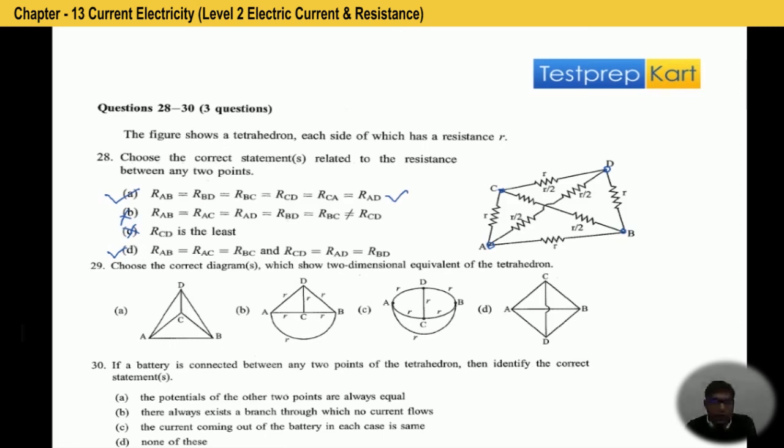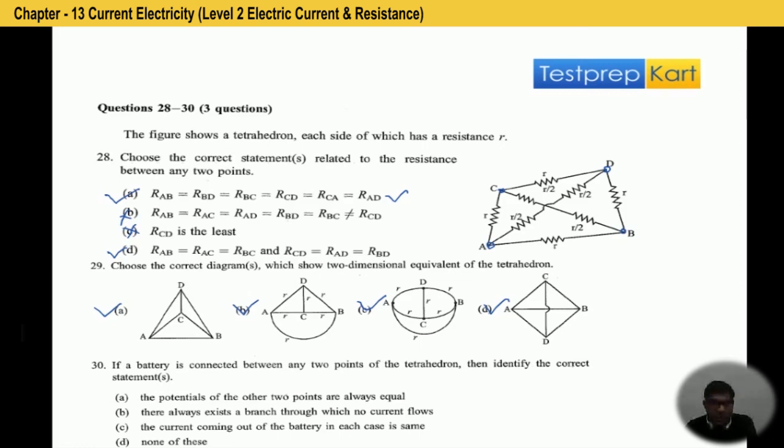Next, choose the correct diagram which shows two-dimensional equivalent tetrahedron. So, if we'll draw equivalent diagram for this combination, then we'll get all four possible figures. Okay, because there is a circuit having four terminals and two wires are crossing each other with the help of jumper wire.